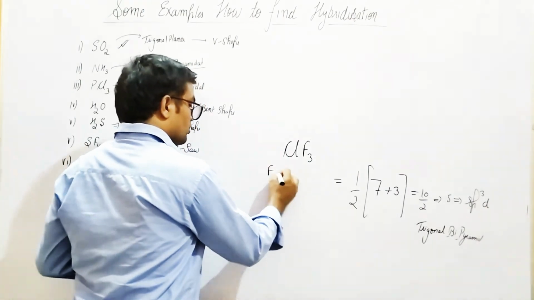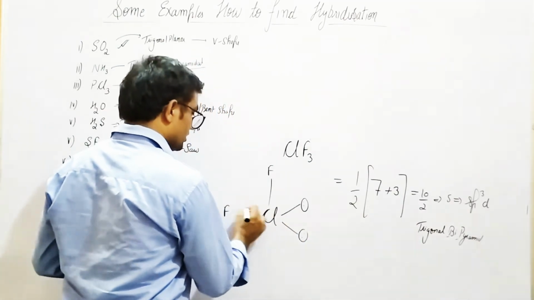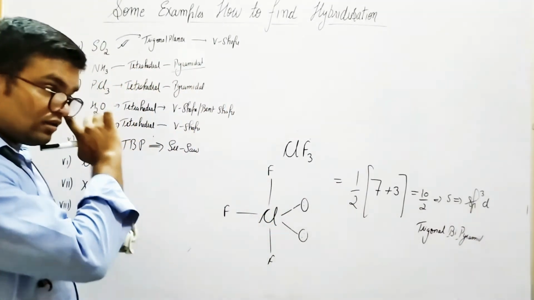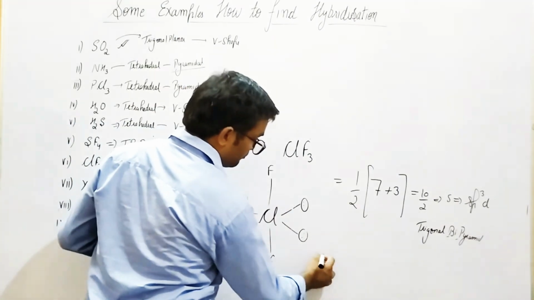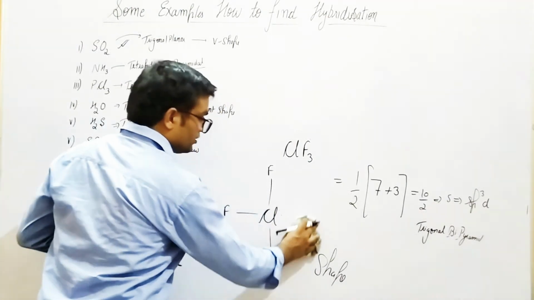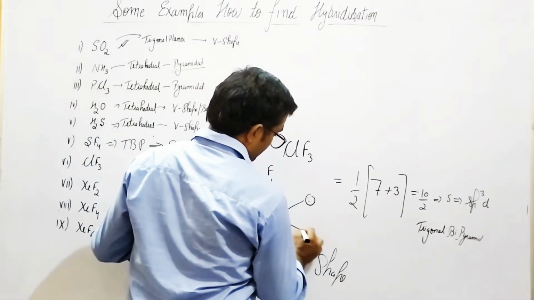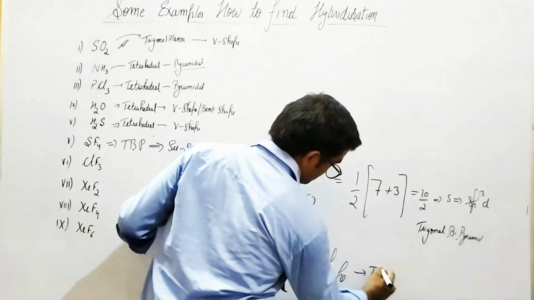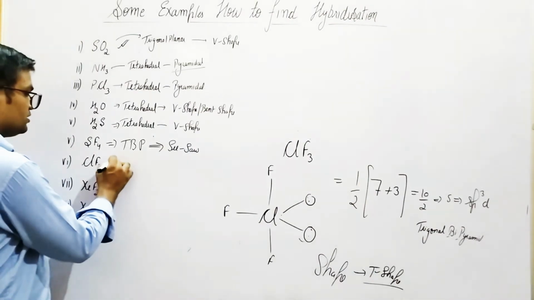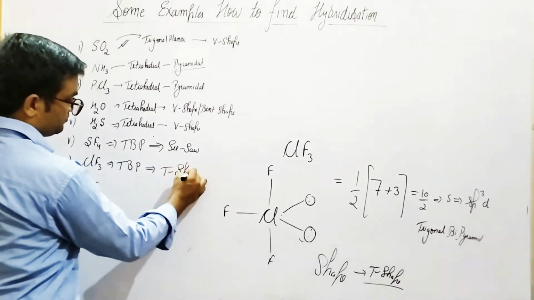We will try to put the lone pairs first on the equatorial bonds, while the positions above and below the plane are axial bonds. If someone asks its shape, we do not consider the lone pairs. If we remove the lone pairs, its shape appears to be T shape, like the alphabet T. So its structure is TBP, while its shape comes out to be T shape.